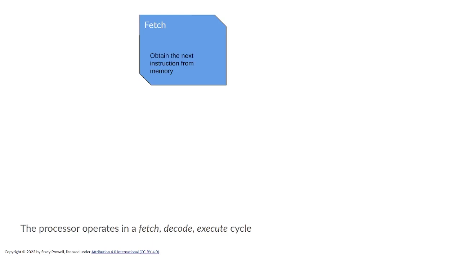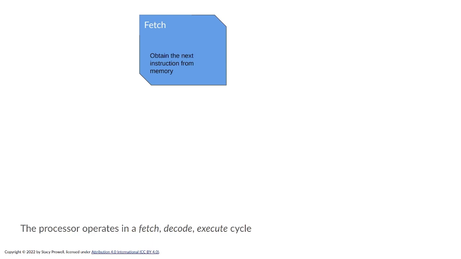So your processor, regardless of what architecture you have, usually operates in a fetch, decode, execute cycle, and that begins by fetching some stuff from memory. So we have some information. Somehow we've gotten an address. By startup of the machine, maybe there's a defined location where we always start.